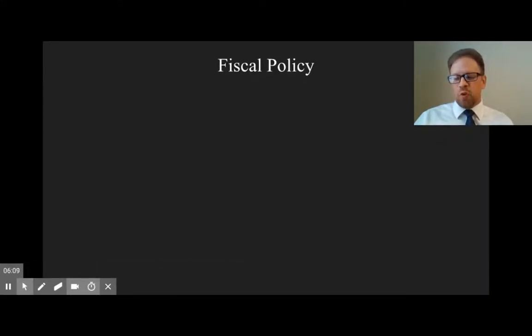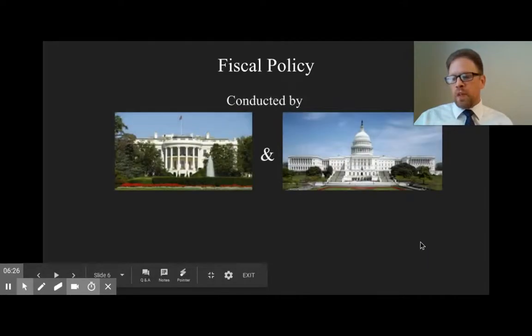Now, fiscal policy involves the use of national government spending and taxation programs to affect the level of economic activity in such a way to promote price stability, maximum employment, and reasonable economic growth. So with fiscal policy, the President and Congress actually conduct fiscal policy, at least at the federal level. So whenever we talk about fiscal policy, we're talking about the President and Congress working together.